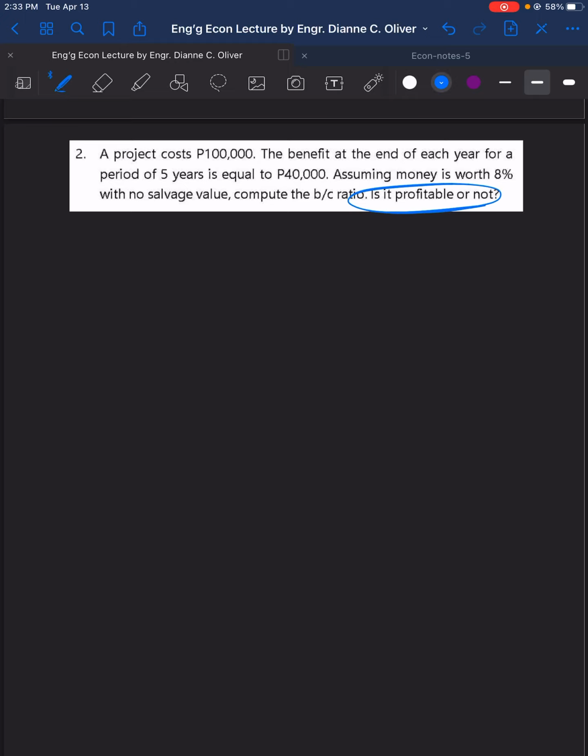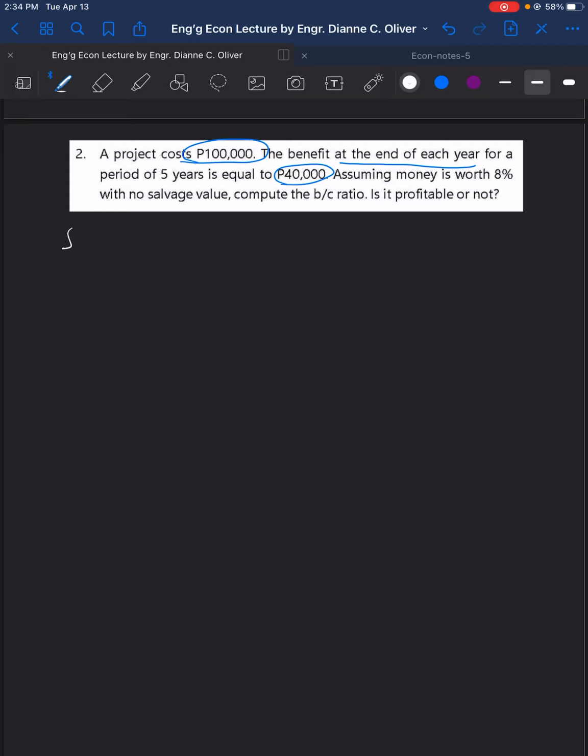Okay, so it's asking if it is profitable or not. Now from this example, notice that the cost is in present worth, while the benefit is at the end of each year, so it is in annual worth. So if you prefer the present worth, then still good.